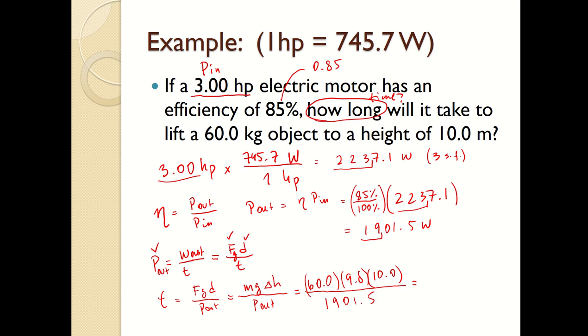And then we're going to divide it by 1901.5. We get 3.09, so I'm going to round this to 3.1 seconds. So 2 sig figs, because again I know that this has 2 sig figs there. So that's going to be the time that it will take for this motor to lift this object 10 meters from whatever height it was before.